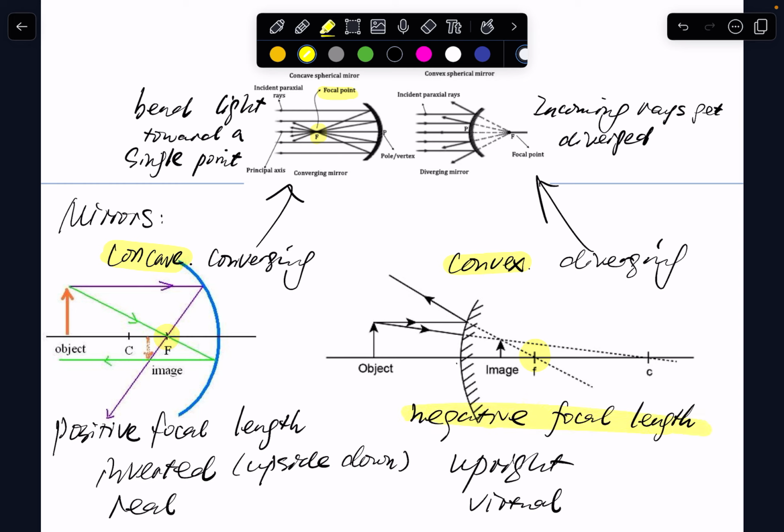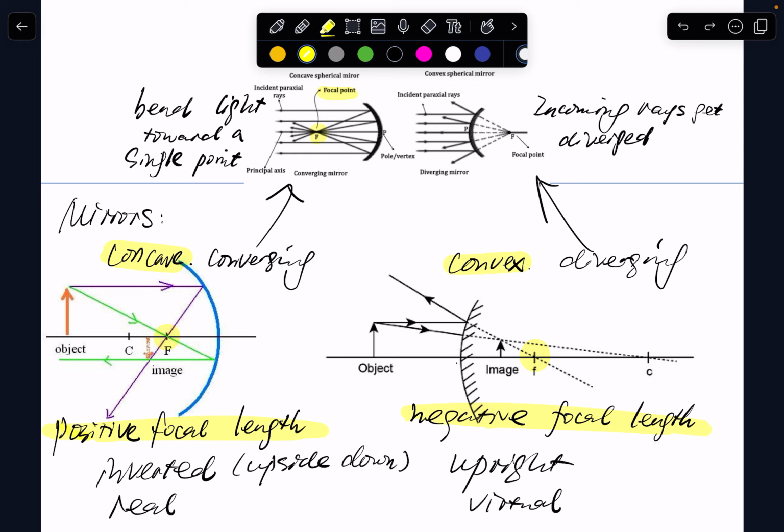The positive focal length is more intuitive, since we know that the mirror reflects light, so the light should go back to the same side as the object. So that's why one is a positive focal length and the other is a negative focal length.